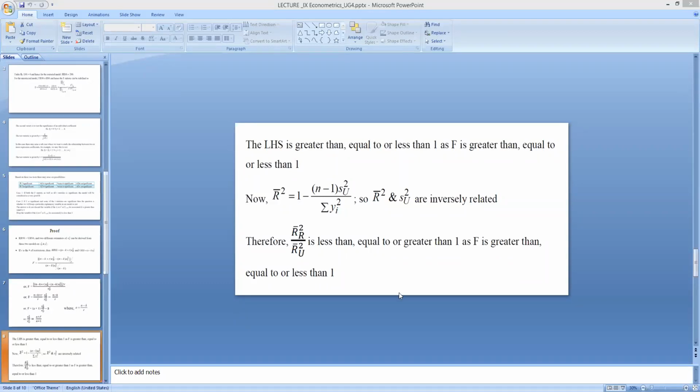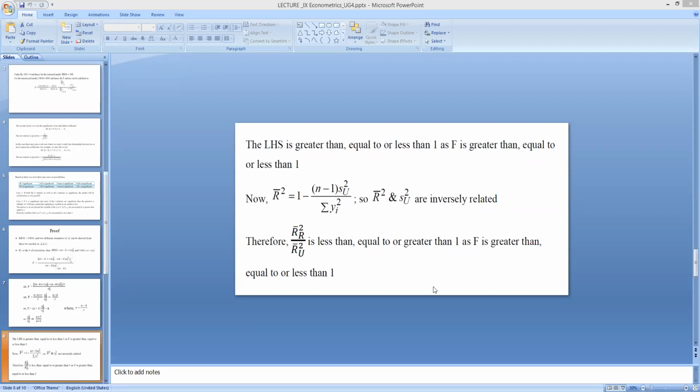And finally, the restricted model gives the better fit when F is less than 1. So, looking at the final statement, R bar square of the restricted model will be greater than R bar square of the unrestricted model.